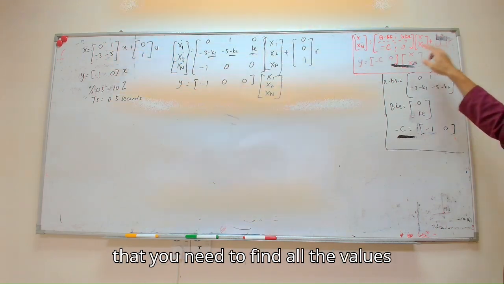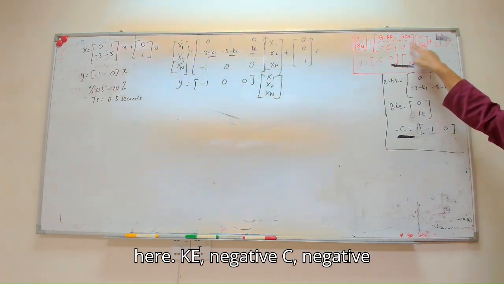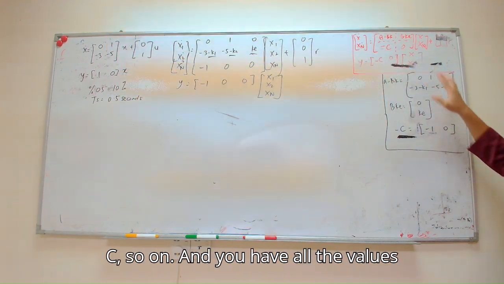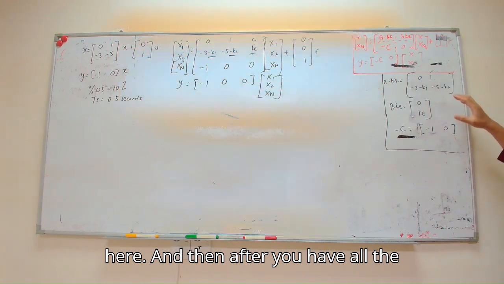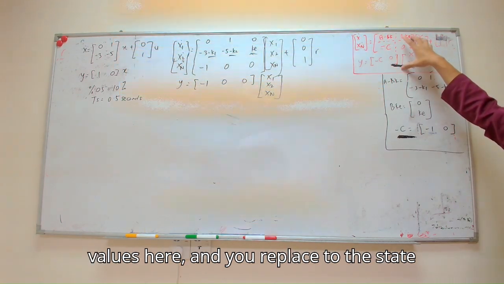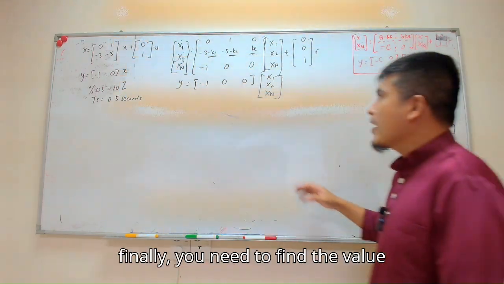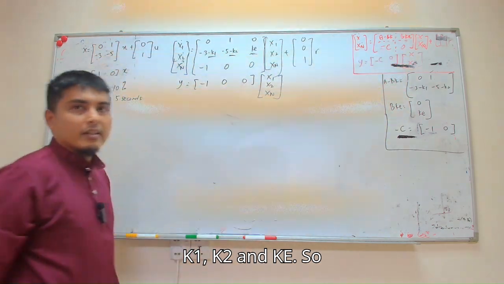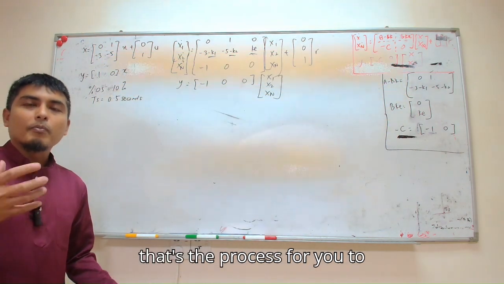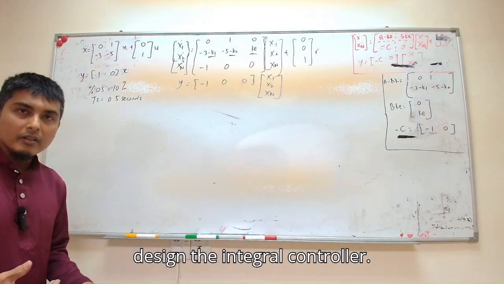Then you need to find all the values here: A minus B K, negative C, and so on. After you have all the values, you place them into the state space with integral controller. And then finally, you need to find the values k1, k2, and ke. So that's the process for you to design the integral controller.